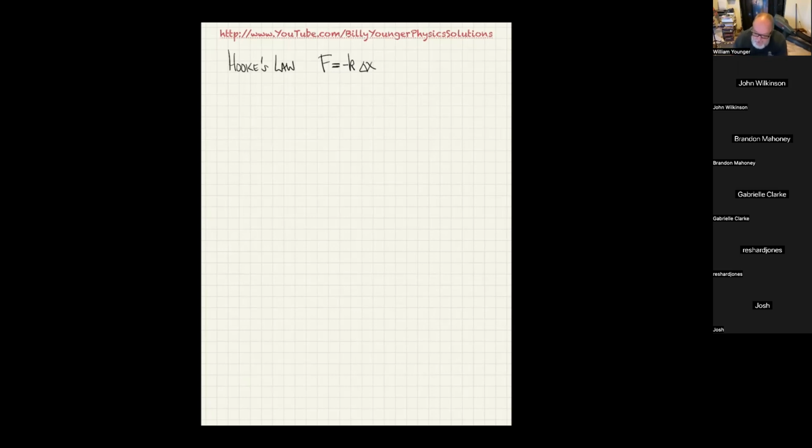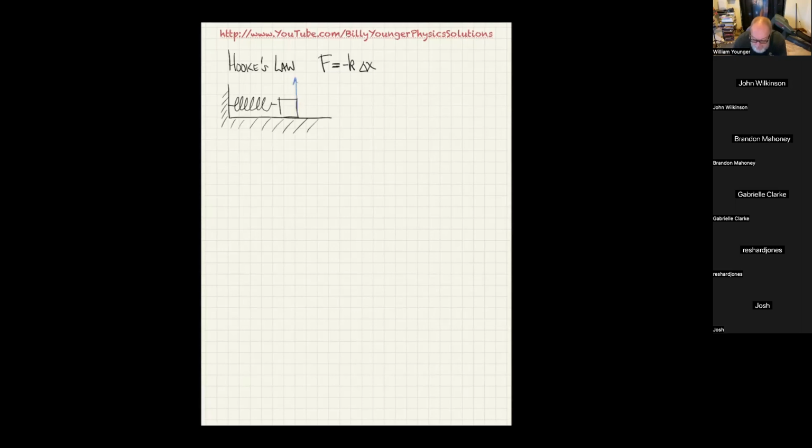So what I'm going to do now is imagine a mass on a spring, and the spring is going to be mounted to this wall. Again, I'm just using the spring specifically because that's what we use in our class. And I'm going to say this right here is the equilibrium position.